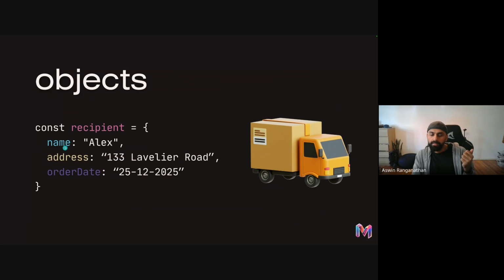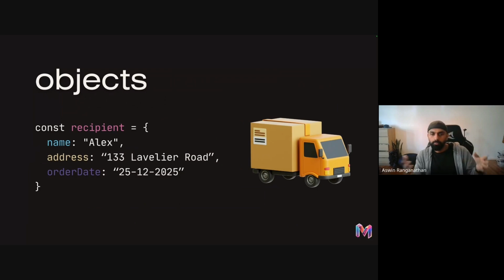The key could be anything: name, address, phone number, anything. And everything else is a value. This is a key, and this is a value assigned to that key. To find that specific value, you could say recipient dot name, and it will pull out this information. That's basically how the code stores different information.